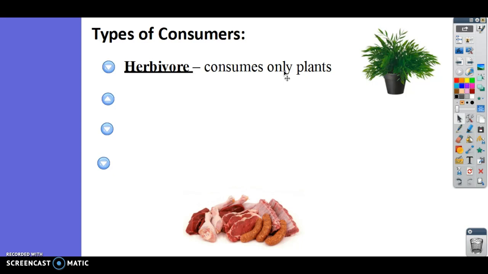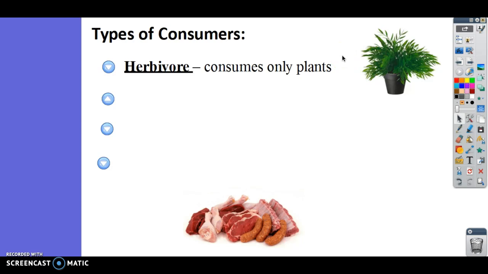Some examples of herbivores are zebras, elephants, deer. They don't need to just eat plants, but they eat only plant products, things like berries, twigs, bark, that's all part of a plant.